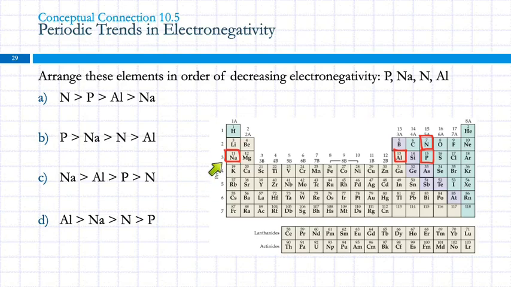And so here's sodium over here, probably not a lot of fun stuff over there. So lower electronegativity. That makes sense? If you wanted to, you could think of this line as the railroad tracks. Anyway, so we're thinking that it's going to be phosphorus, then aluminum, then sodium. But then how does nitrogen fit in?